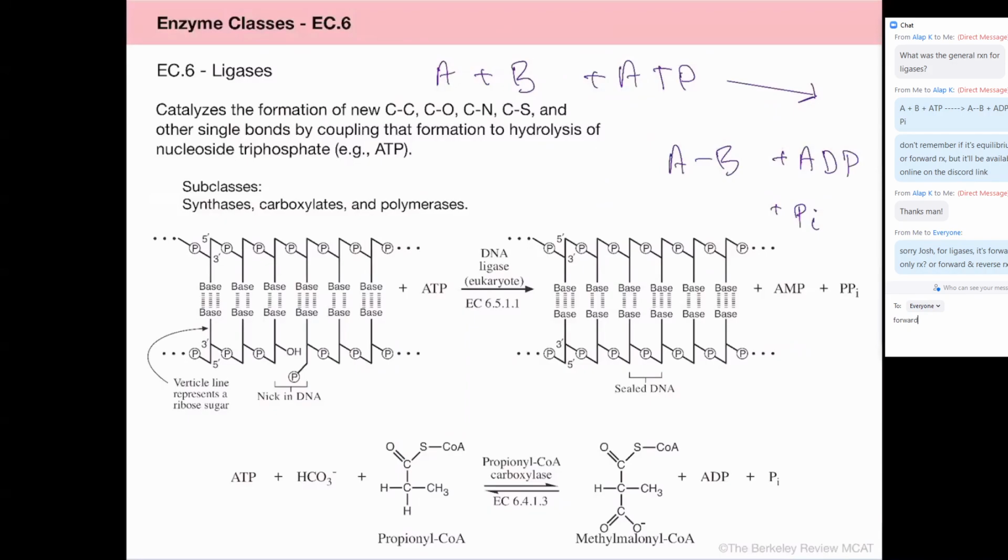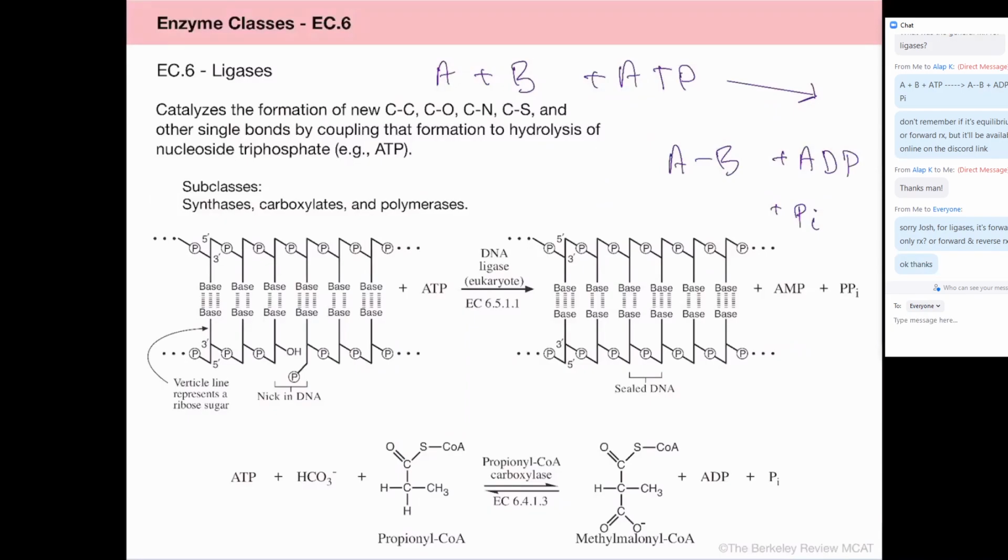Good question. So it would be forward only, right? And that's because, well, that's not necessarily true. You're burning ATP, right? But sometimes you can burn ATP, and the product you make from the burnt ATP can actually be reversed, and it's going to have the same amount of delta G, in which case it could actually be reversible. So actually a good case would be down here.